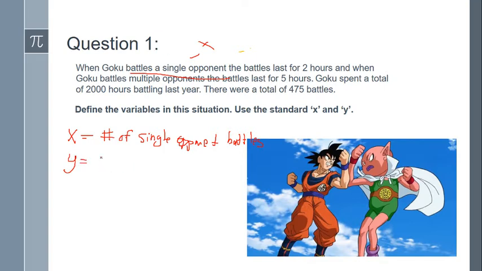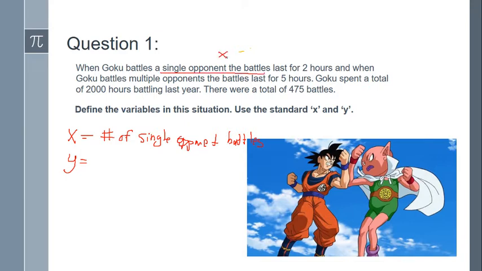Okay, so if X was the number of single opponent battles, then Y is going to be the number of multiple opponent battles. So let me get rid of that first one so you can read it a little easier. Right here, this was our X: single opponent battles.